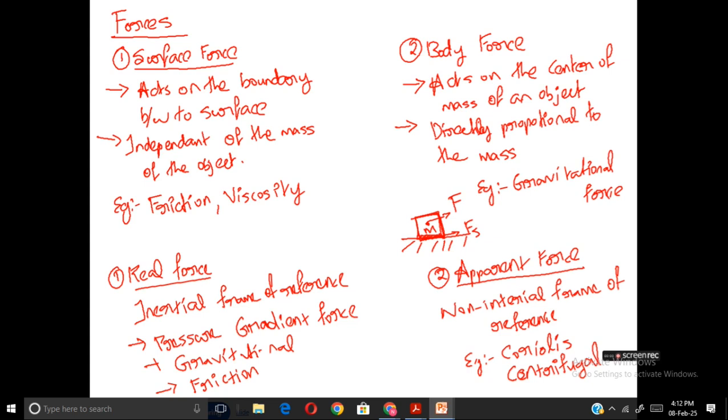But ma'am, in the example of real force, we have written gravitational force, and it has an acceleration of 9.8. Oh yes, uniform velocity in the sense that either the acceleration is uniform or it is zero, right? Yes, ma'am. Okay, I'll check it.